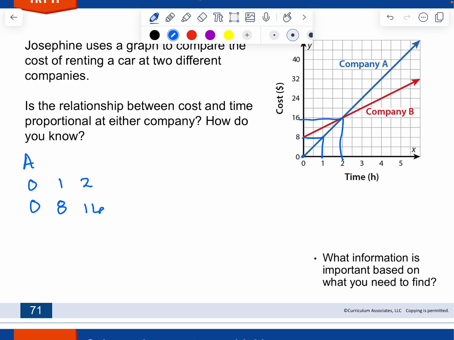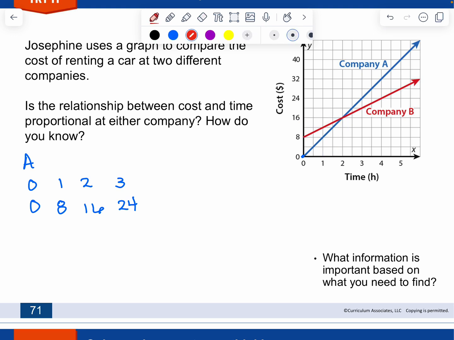And I'll go one more. 3, 24. So what do you notice about these points? Looks to me like I'm multiplying by 8 each time. So that would tell me that that is a proportional relationship.